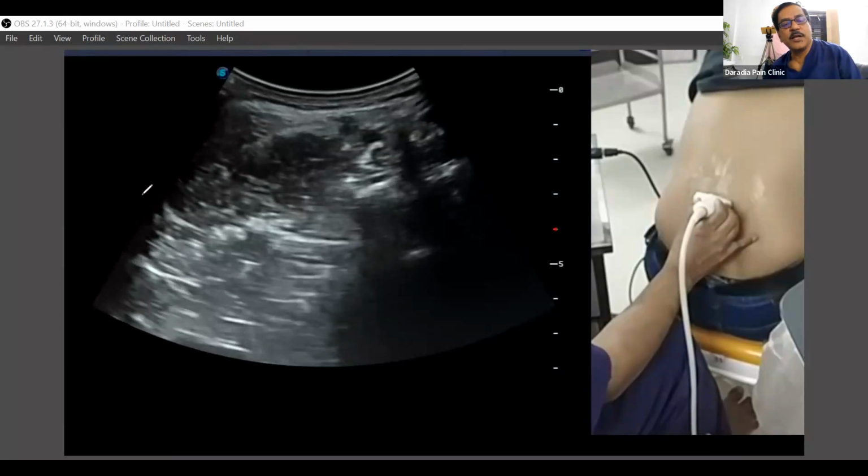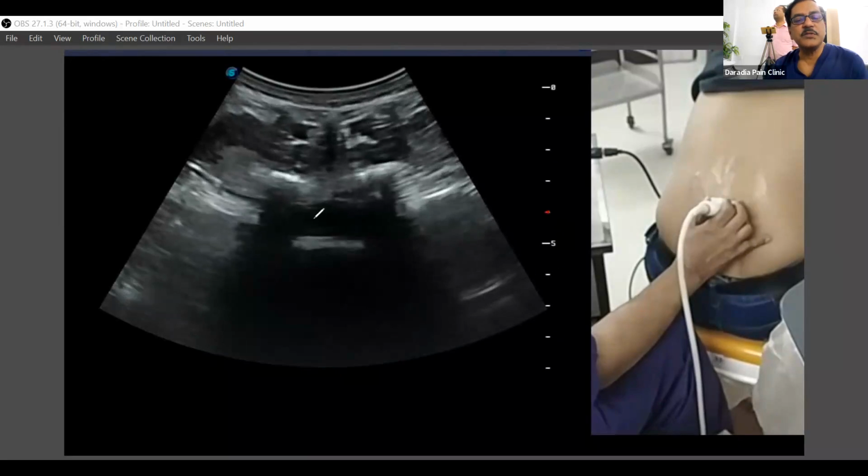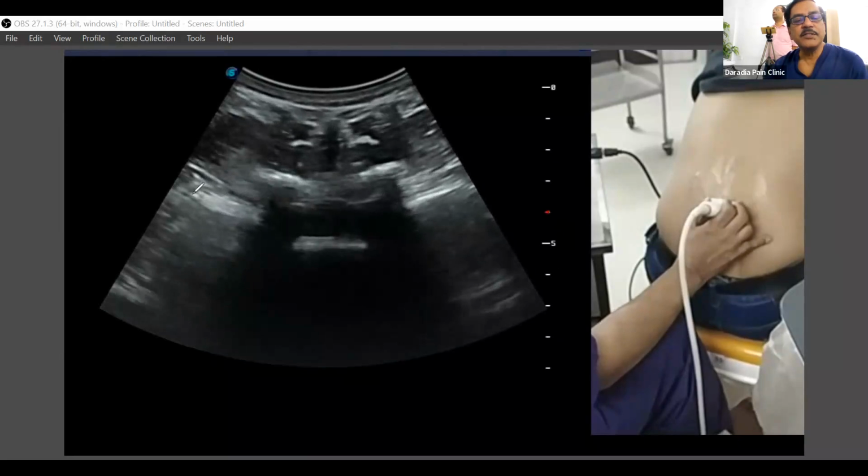This is one layer of the thoracolumbar fascia. This is another layer. This thin layer is your QL, and this whole is your psoas. This is your lamina. This is your transverse process.